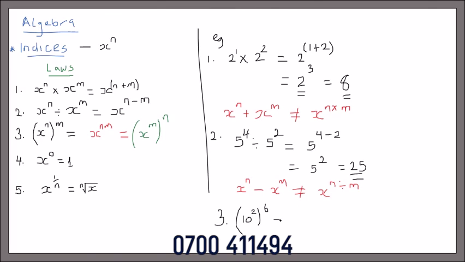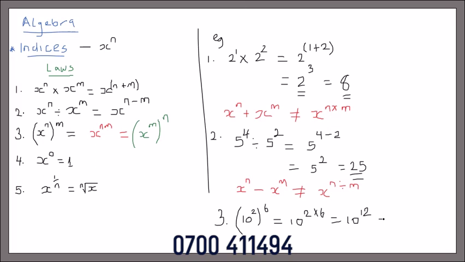We are saying that this one is the same as 10 to power, multiply the powers, the inside power and the outside power, so that you end up with 10 to power 12.